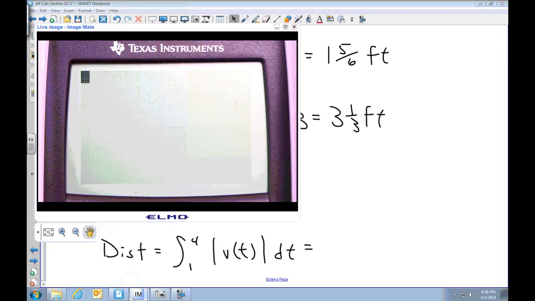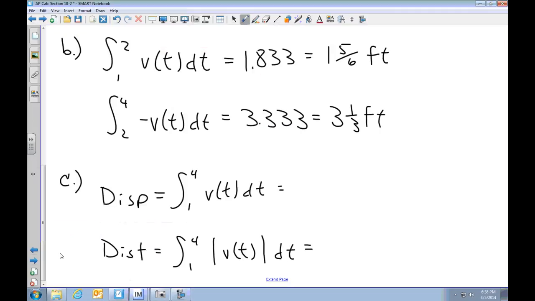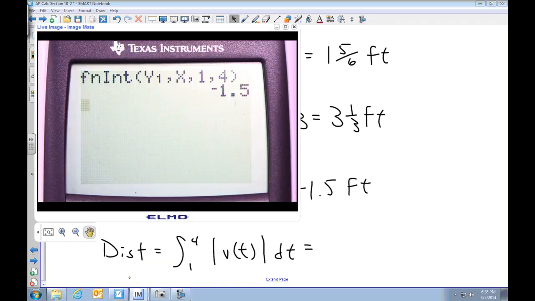Let's just clear those out of there and go back and change this first entry. It's the integral of my velocity function from 1 to 4 is what I want to change. And we get a negative 1.5. And again, that's in feet. And let's check out the second calculation here, which this one is our distance, but I've got to make this the absolute value.